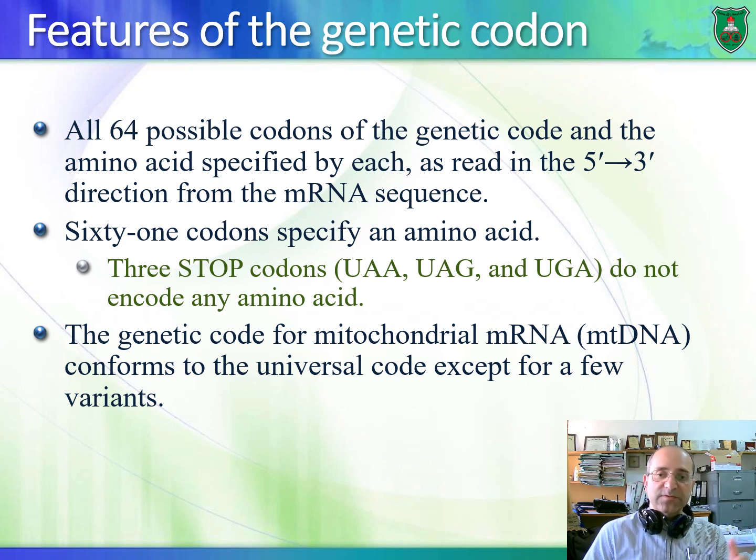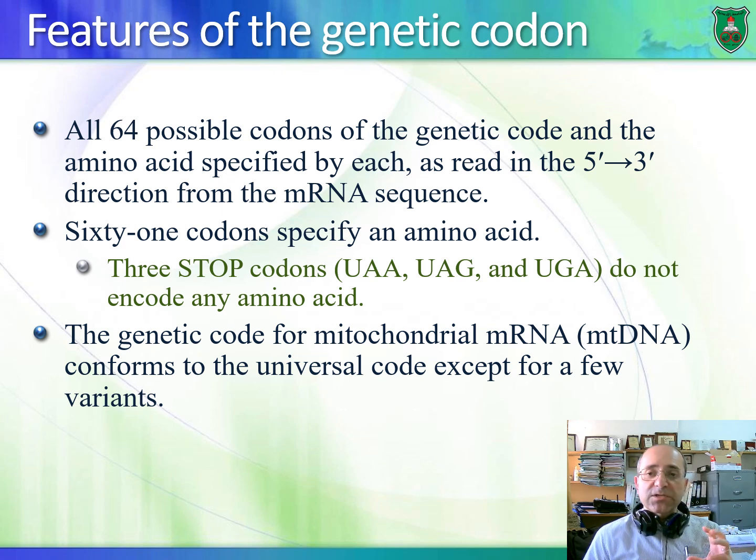So it's 4 times 4 times 4, and that is 64. Now we said that 61 of them encode amino acids, but 3 of them are known as stop codons, UAA, UAG, UGA, and these are the codons that terminate translation.